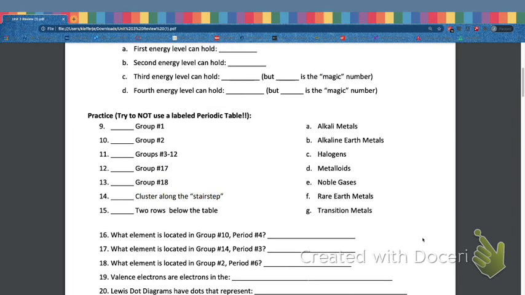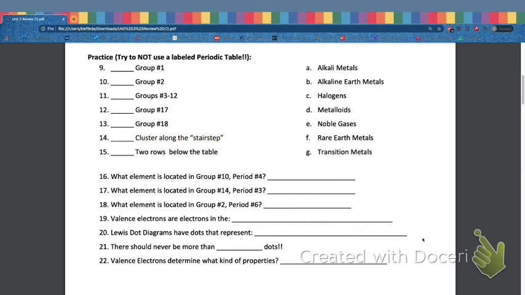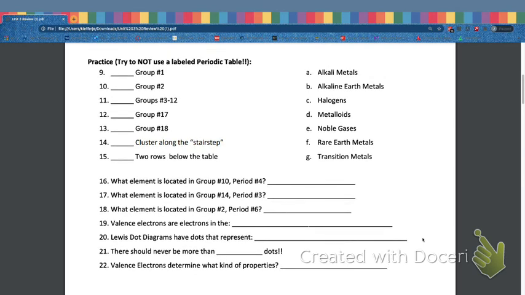So you need to be able to label your groups here. Right, so group 1 are the alkali metals. Group 2 are the alkaline earth metals. Groups 3 through 12 are the transition metals. Group 17 are the halogens.